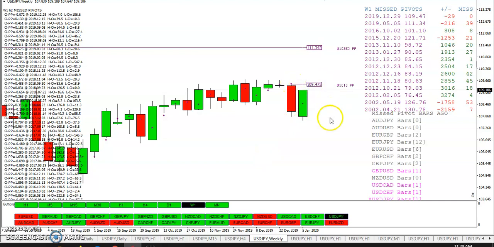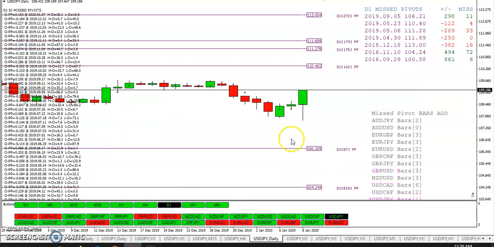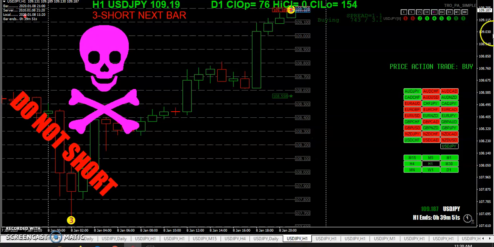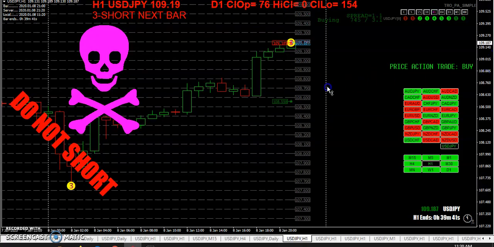Looks to be taken out. And you can see how many missed pivots we have all the way back to 2002. Because remember, I upped the number of bars we were looking at just out of curiosity. And also it shows you just how often those pivots are missed or how infrequently they are missed.